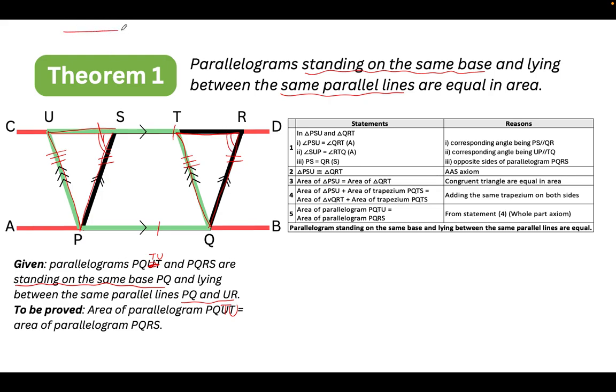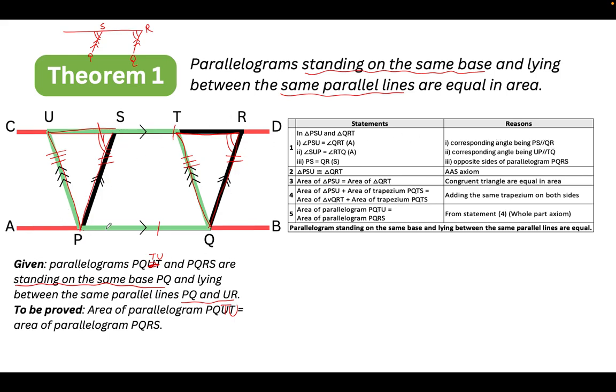Because these are corresponding angles. Here these two lines are parallel. This is P, this is Q, this is R, and this is S. So the corresponding angles are equal, so angle PSU and angle QRT are equal, being corresponding angles, since PS is parallel to QR.